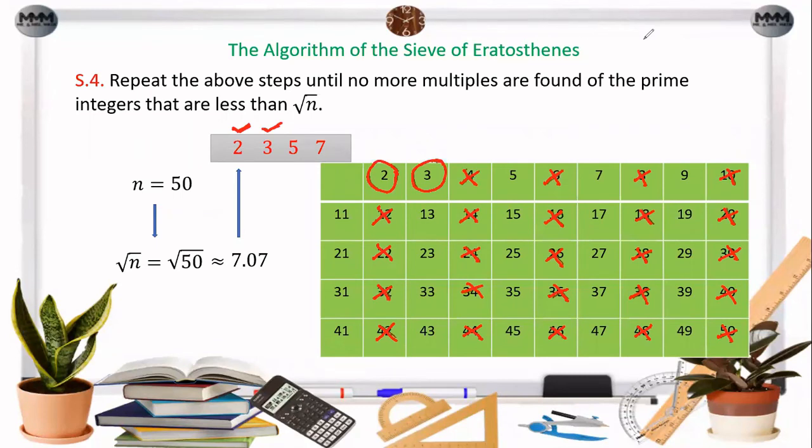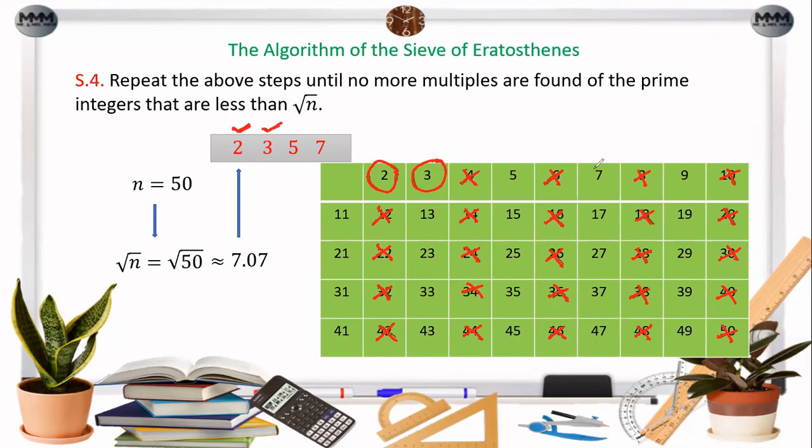For our fourth step, we repeat the above steps until no more multiples are found of the prime integers that are less than the square root of n. So here, we will be crossing out the multiples of 3.